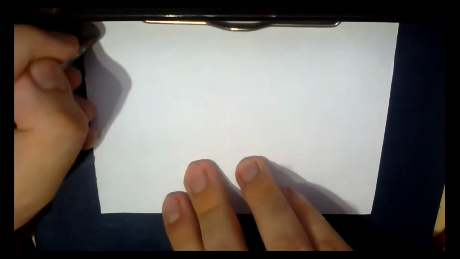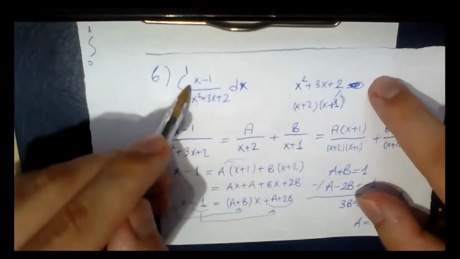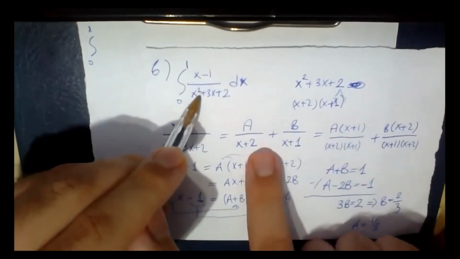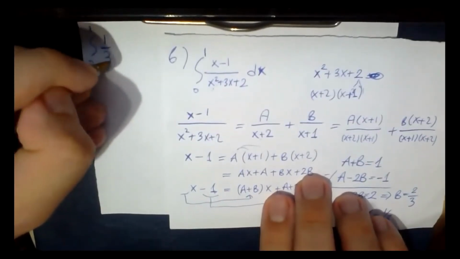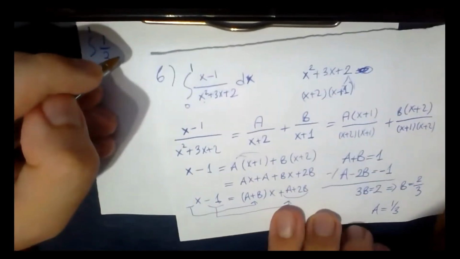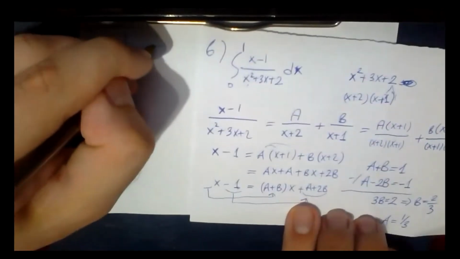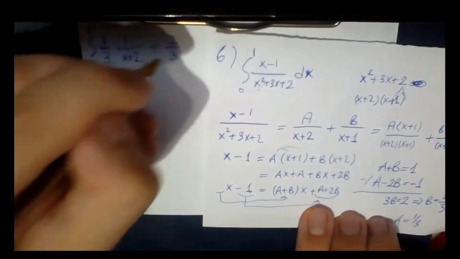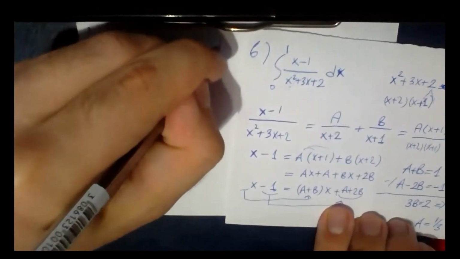So our integral will become, from 0 to 1, instead of this integral, we can write this one: 1 over 3 times 1 over x plus 2 plus 2 over 3 times 1 over x plus 1 dx.